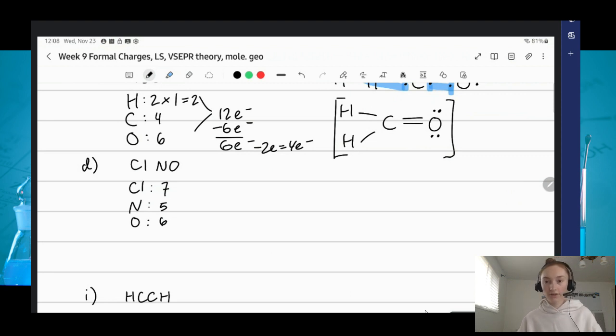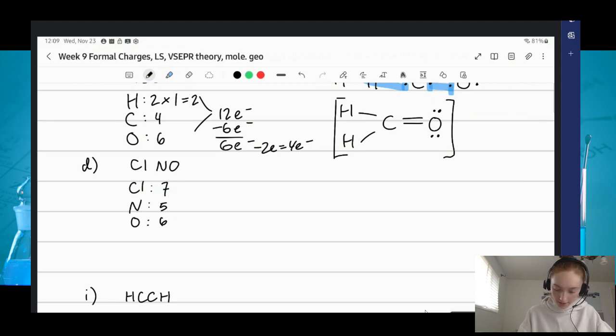I know these off the top of my head because I've worked with them a lot, but going back over the periodic table and double checking, some of these aren't as familiar, like selenium. You may not know what that is. It's also 6 valence electrons just like oxygen, but going back to the periodic table to check which column it is in will tell you how many valence electrons it'll have.